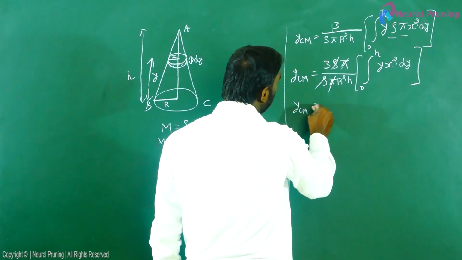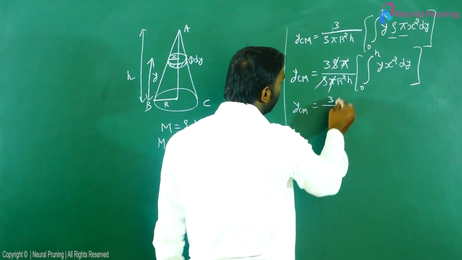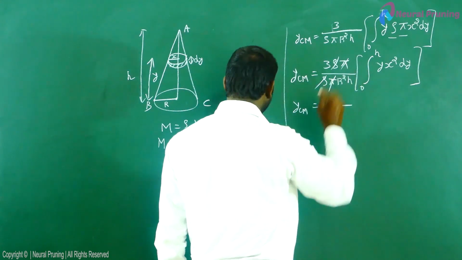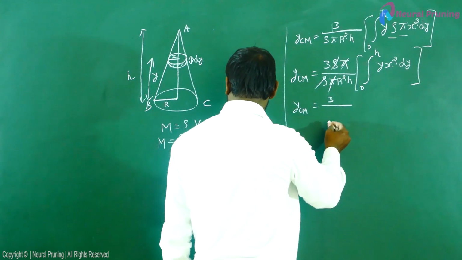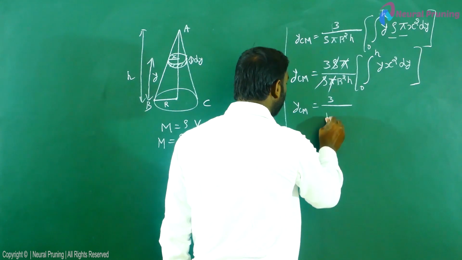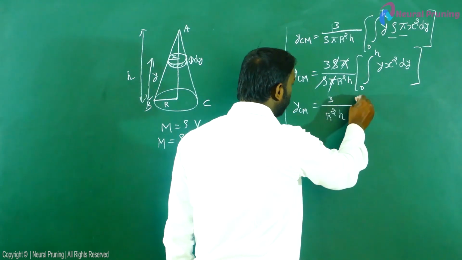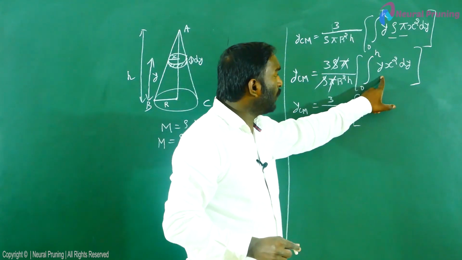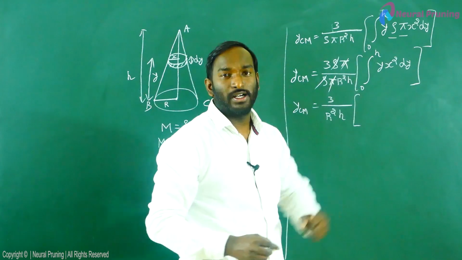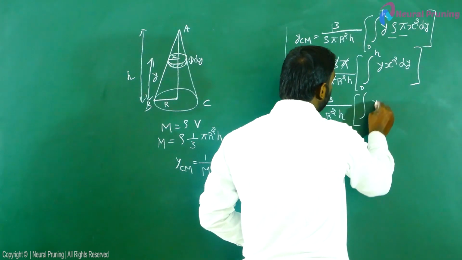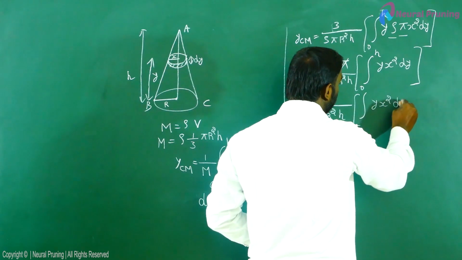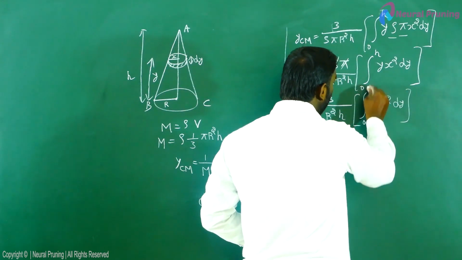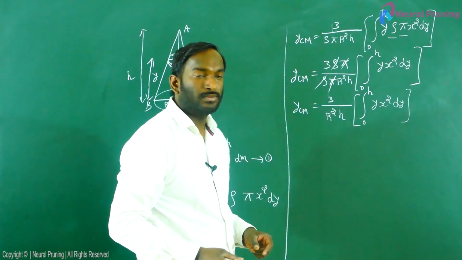YCM is equal to 3 by r square into h, here integration of yx square dy from 0 to h.